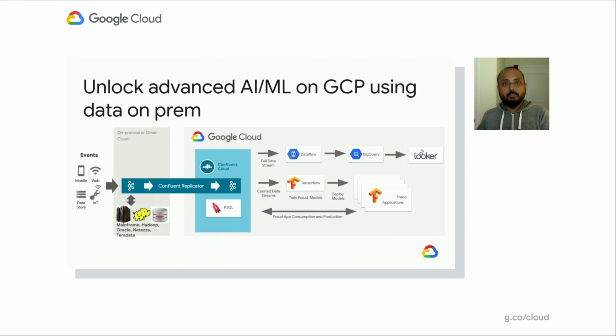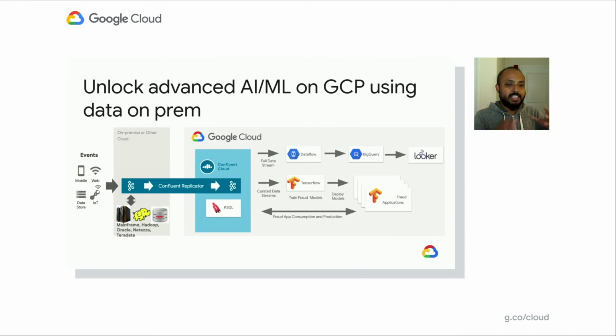Yeah, thank you, Josh. So this architecture diagram you are seeing is an actual customer implementation for a customer in the banking space who wanted better, more near real-time fraud detection using GCP's capabilities.